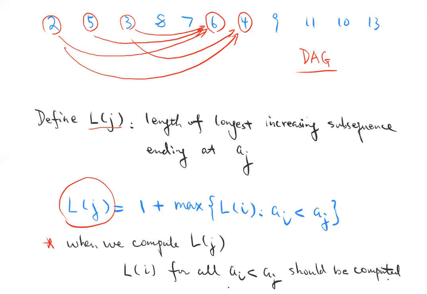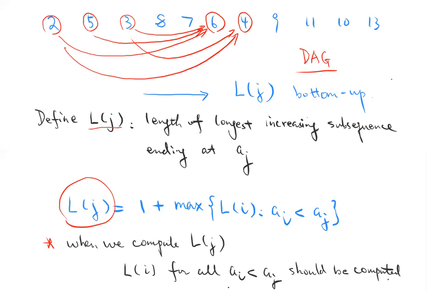In this particular case, this linear ordering is already a topological sort, or topological ordering of this DAG. So we can just follow this ordering to compute Lj in this fashion. So that's bottom-up manner. All right. Okay. So that's how it's computed.